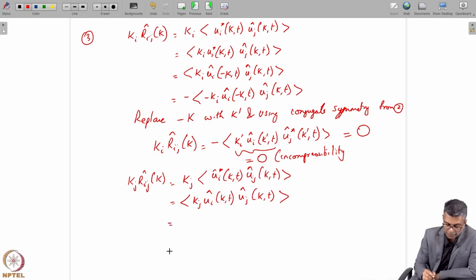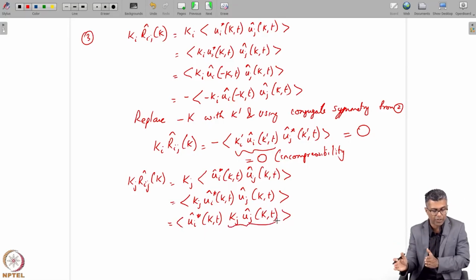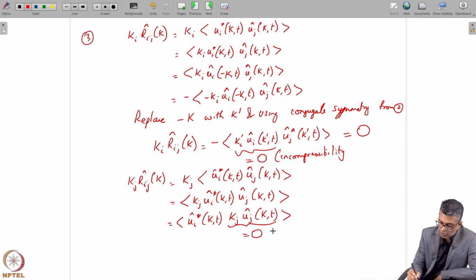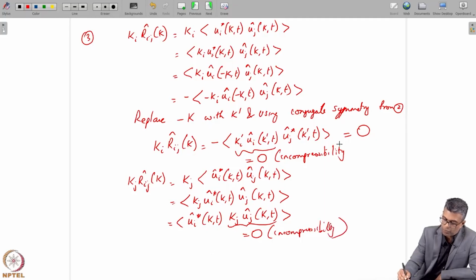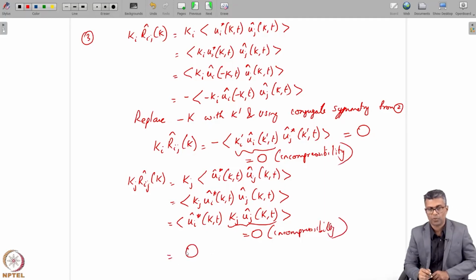And I'll group the kappa j along with uj. So this is star, by the way: ui hat star of kappa comma t and then kappa j uj hat of kappa comma t. I just grouped this, I just shifted it to the left. Now this is going to be equal to 0 again because of incompressibility. So that would mean that this is equal to 0, hence proved.